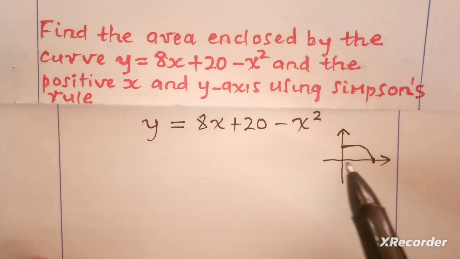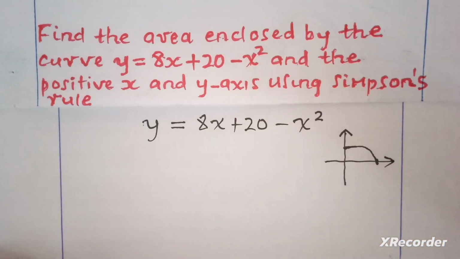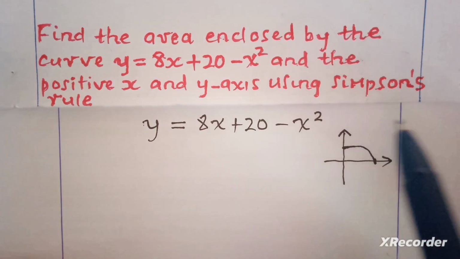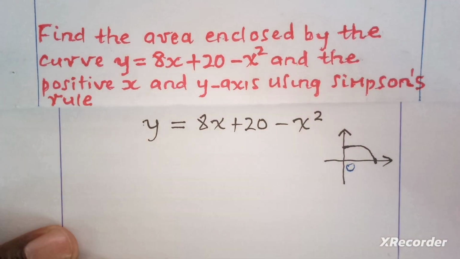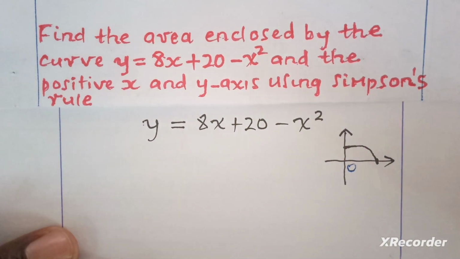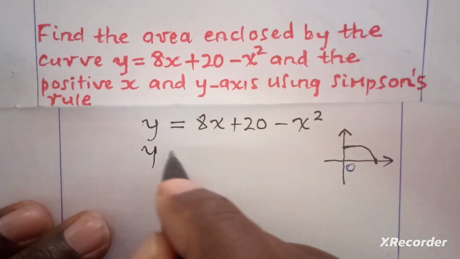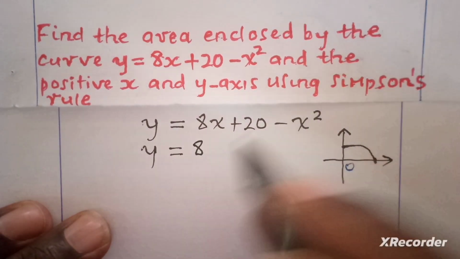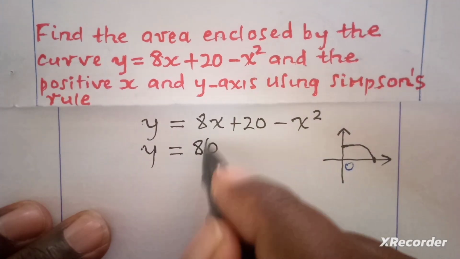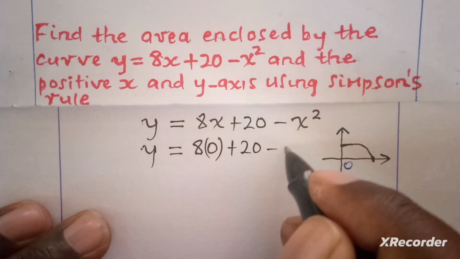For us to know where it starts, at this point x is 0, so let's find out what our y is when x is 0. So y equals 8 times 0, plus 20, minus 0.